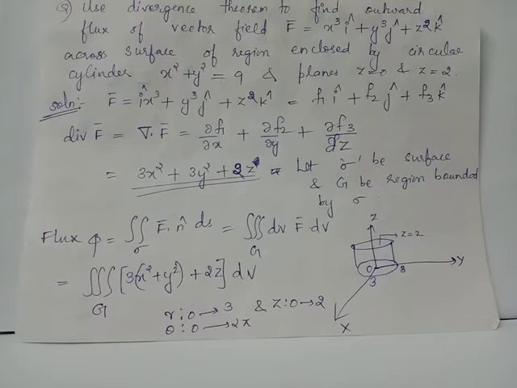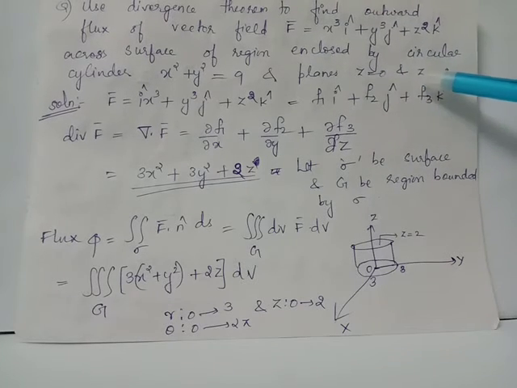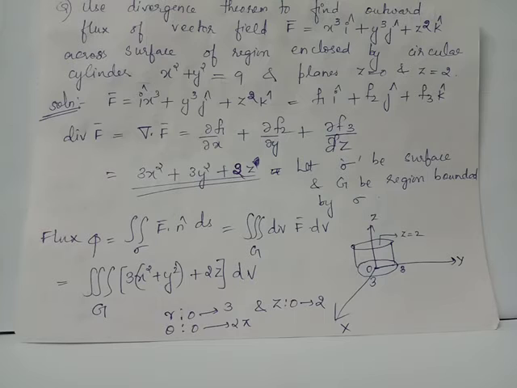In order to find the range of variation of r and theta, let us project the cylinder onto the xy plane. Variation along the z axis is the height, which is already given as z equals 0 to z equals 2. After projection, the circular cylinder becomes just a circle lying on the xy plane, whose center is 0, 0 and whose radius is 3.